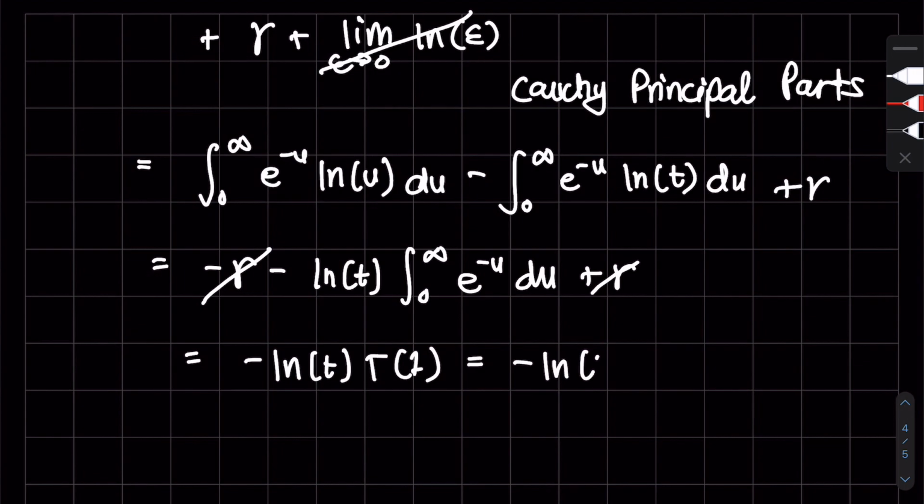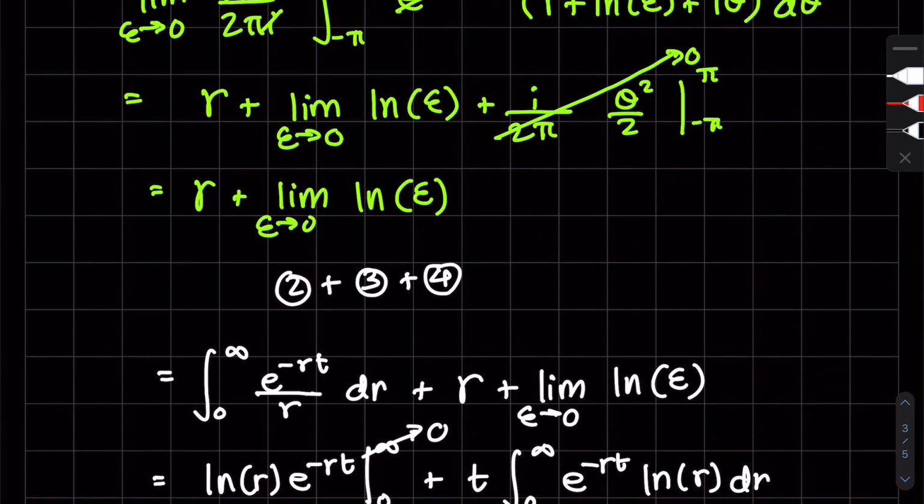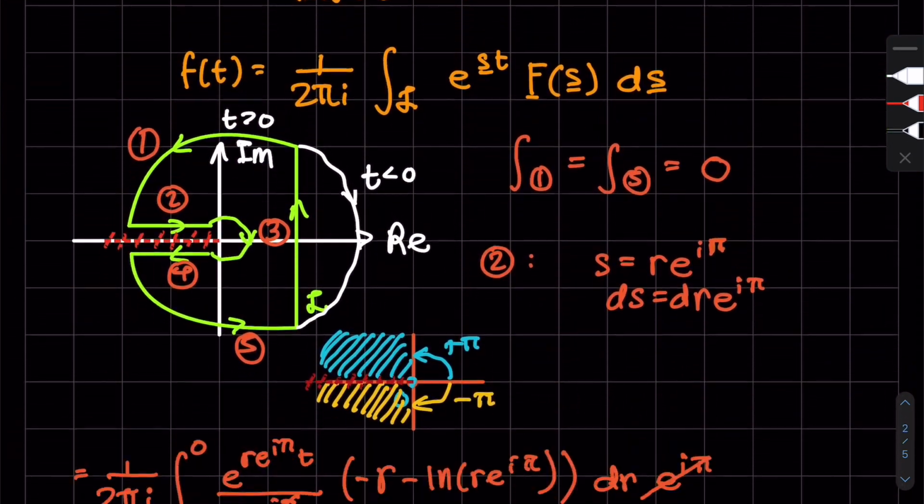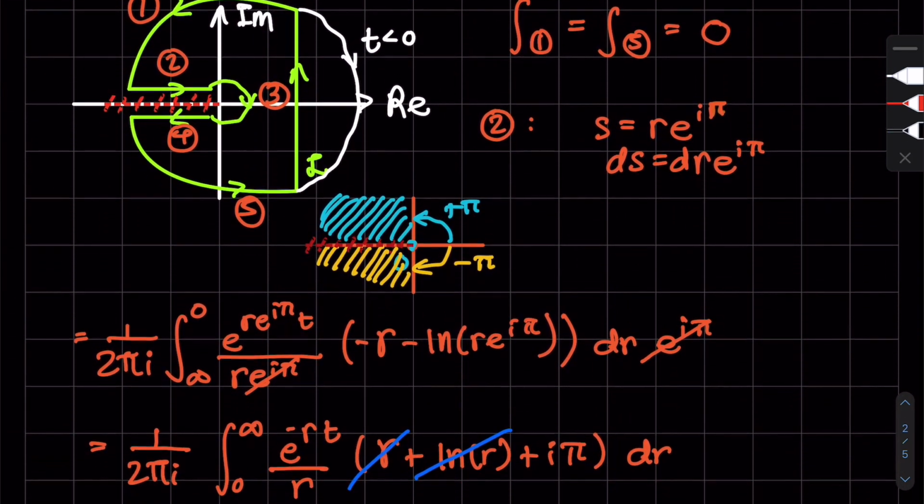So we have minus natural log of t, but all of this added is not really L, right? Let's look at what's L.